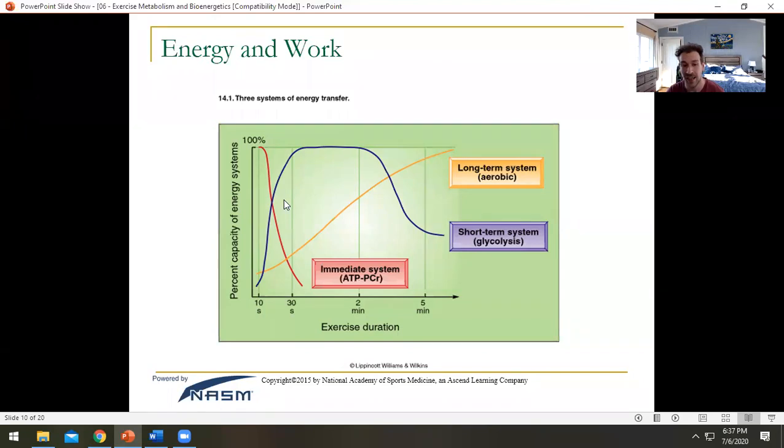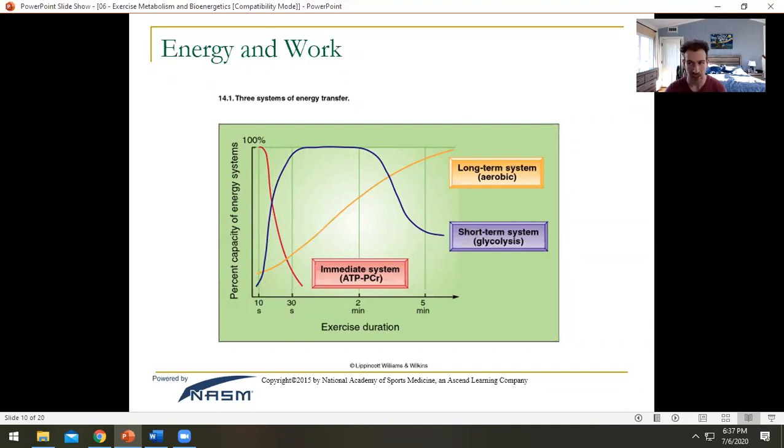But then that system, like I said, gets exhausted really quickly. At that 10-second marker, the ATP-PC system is producing less and less of the energy. They are not using phosphocreatine, or creatine kinase rather, to produce ATP anymore. So the amount of energy coming from it is starting to die. Well, glycolysis is just starting to get started.